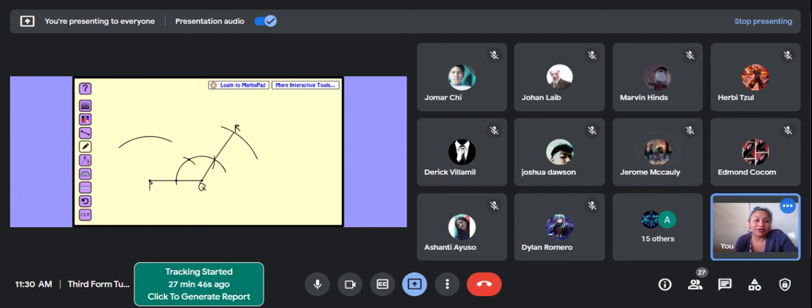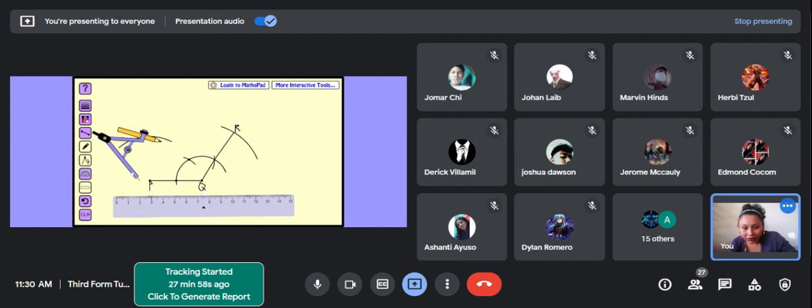Then the other one says that RS is 5.5. So you need to take your ruler and your compass, set it at 0 again, and measure 5.5 now.